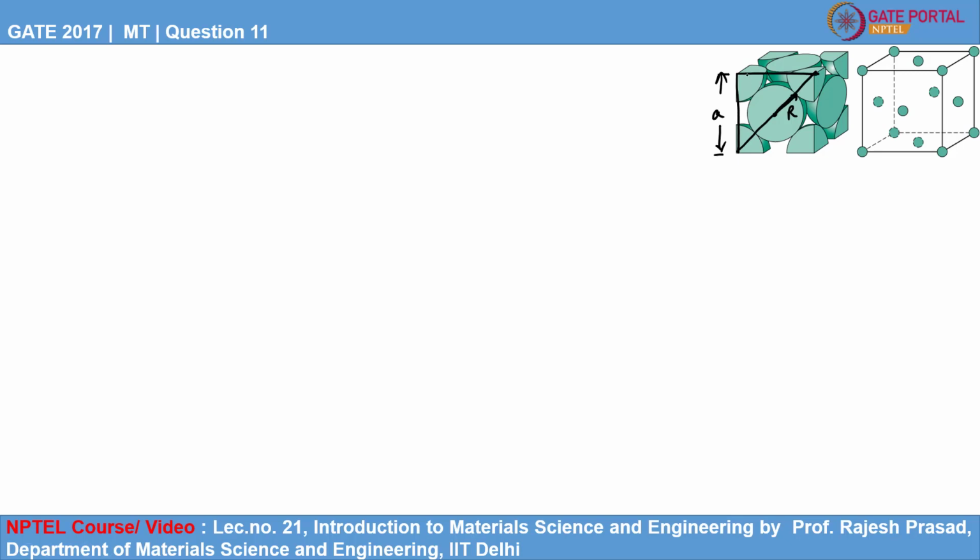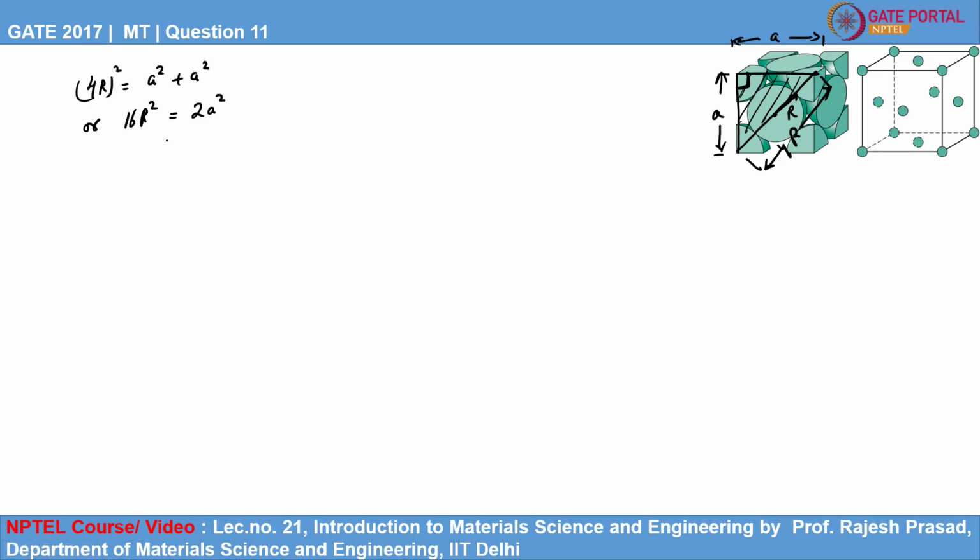Because this is 90 degrees, the length of the hypotenuse will be R plus 2R plus R, which is 4R, and these two sides are A. Applying the Pythagoras theorem, 4R square will be A square plus A square, or 16R square equals 2A square.